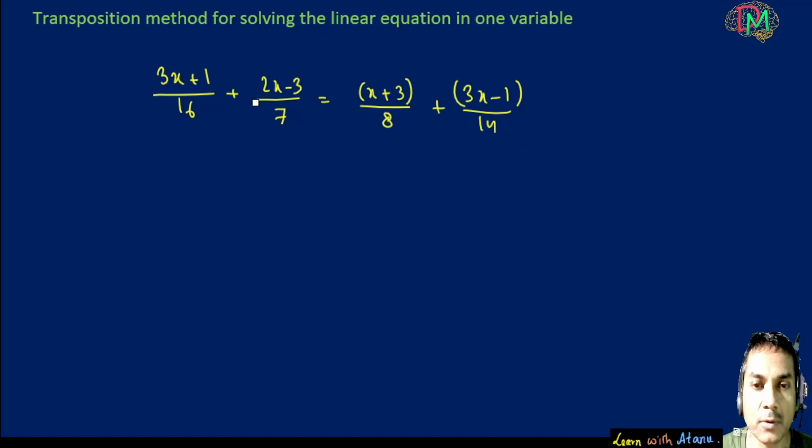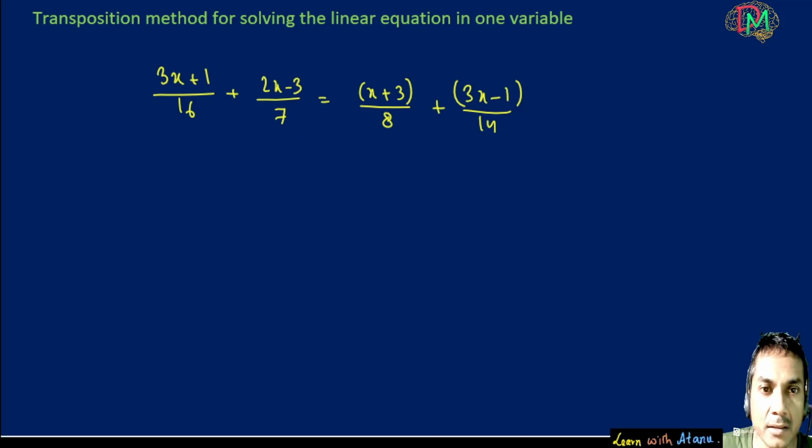First, transpose means we shift from the LHS to RHS, and this method is called the transposition method. Any term shifting from the LHS to RHS or RHS to LHS, during the change of position, we have to change the sign also.